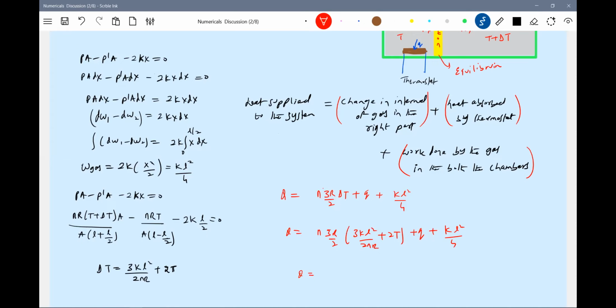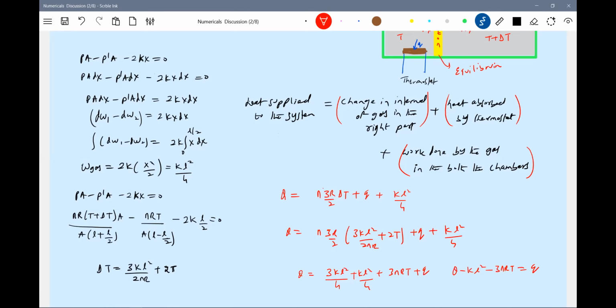nR will get cancelled. So Q equals, nR cancelled, so this will become 3K L square by 4, R also gets cancelled, plus kL square by 4, plus 3nRT. Okay, this will become kL square.